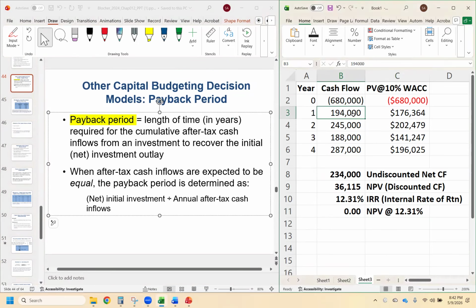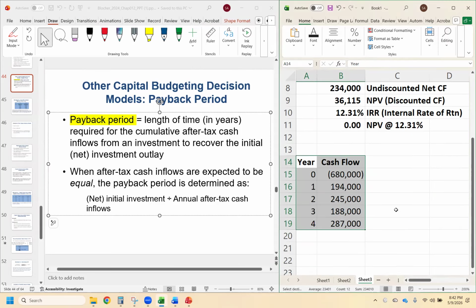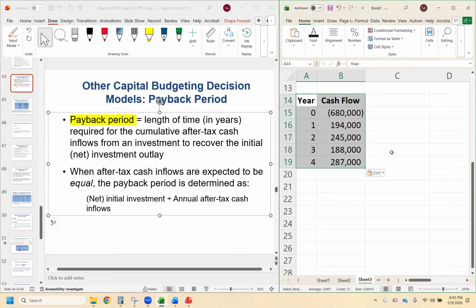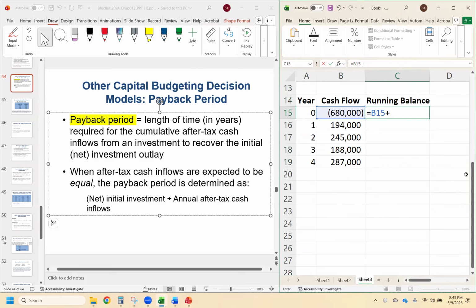So the payback period, you can actually calculate it pretty easily once you have the cash flows. You don't have to do the present value calculations. You can basically just do like a running balance. And as soon as it becomes positive, then you know that you've earned your money back.